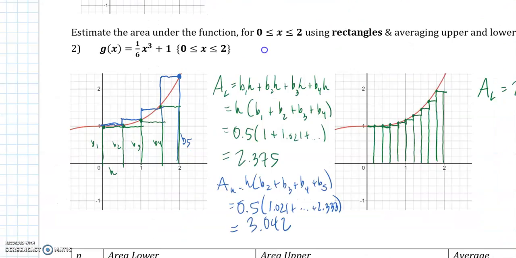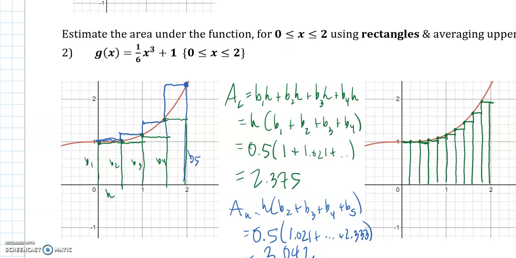Now, another way for us to estimate the area of the function is to use rectangles. I've drawn in green rectangles, which are a little bit underneath the red curve, and there are 4 of them.